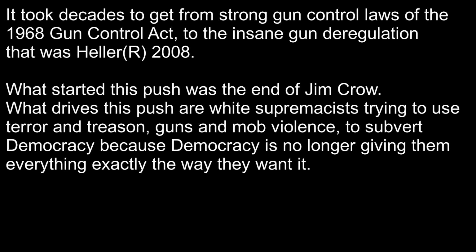It took decades to get from strong gun control laws of the 1968 Gun Control Act, to the attempt at total gun deregulation of Heller in 2008. But the thing that sparked it was the end of Jim Crow, and the thing that has driven it are white supremacists trying to use terror and treason, guns and mob violence, to subvert democracy because it is no longer giving them what they want.